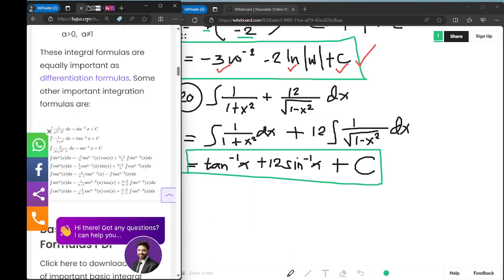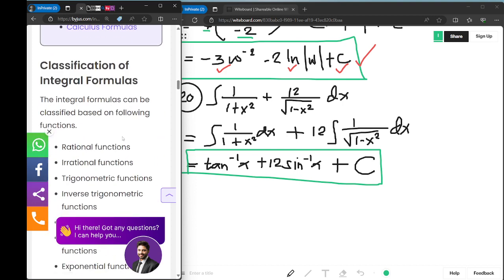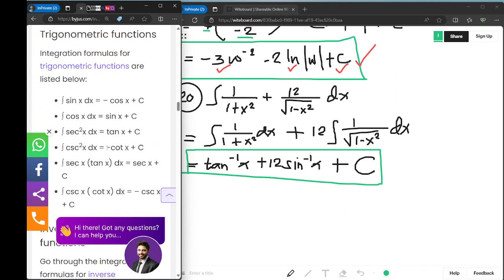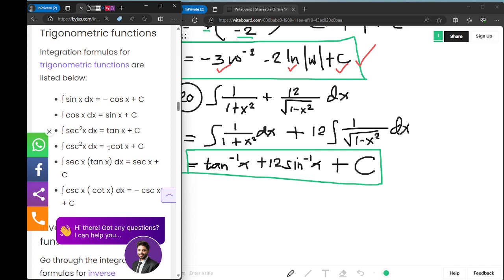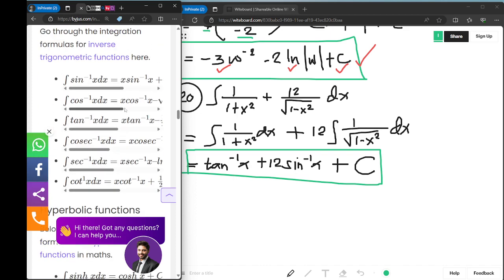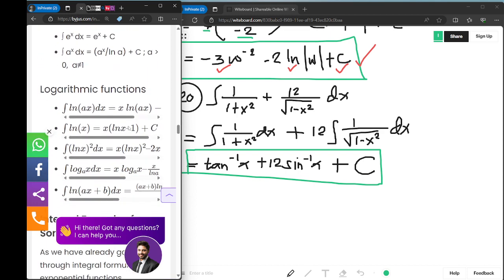Let's check. Where can we find that the integral of 1 over the square root of 1 minus x squared dx is negative arc cosine? I don't know. Arc sine, arc cosine. We couldn't find it.